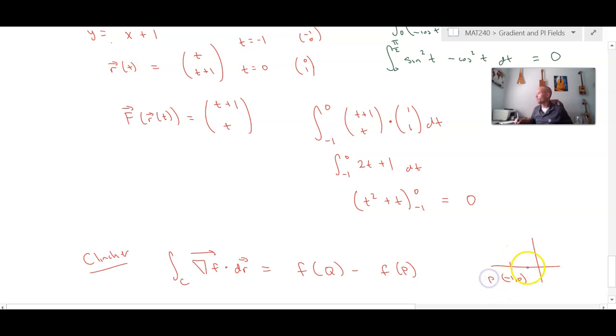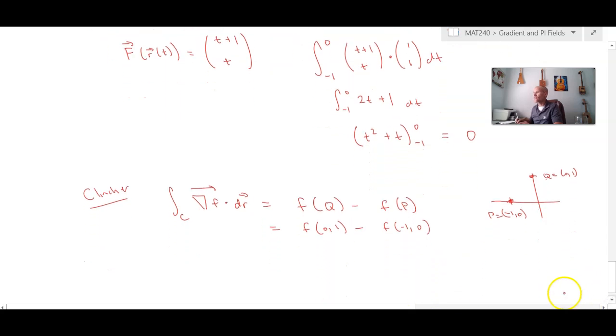That's our p. We stopped at 0, 1. That's our q. And to get from this point to this point, we just need to know what f evaluated at 0, 1 is. I'll write it like this: f of 0, 1 minus f of -1, 0.